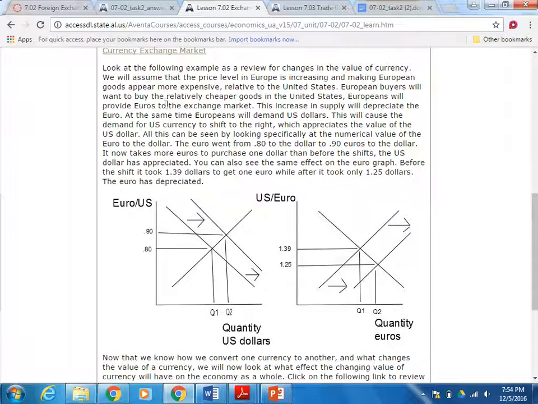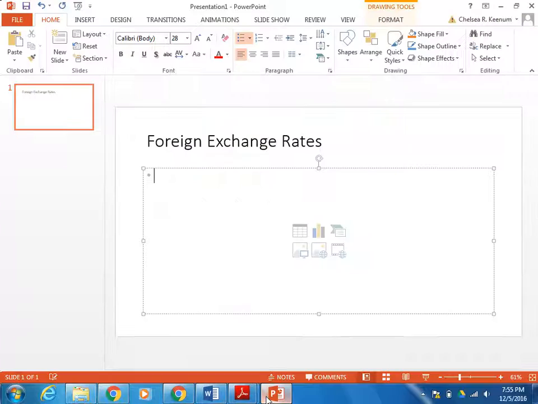European buyers will want to buy the relatively cheaper goods in the United States. So Europeans will provide euros to the exchange market, and this increase in supply will depreciate the euro. At the same time, the Europeans will demand US dollars. This will cause demand for US currency to shift to the right, which appreciates the value of the US dollar. So I'm going to type this out for you to see.